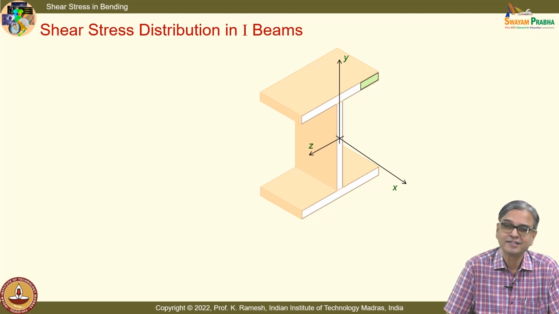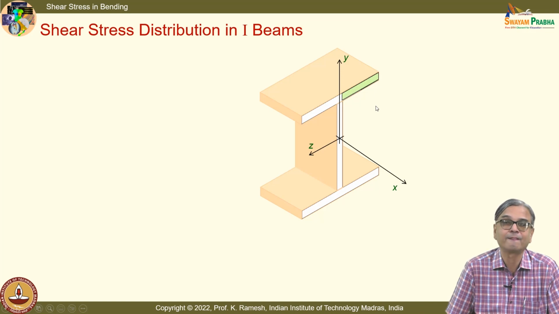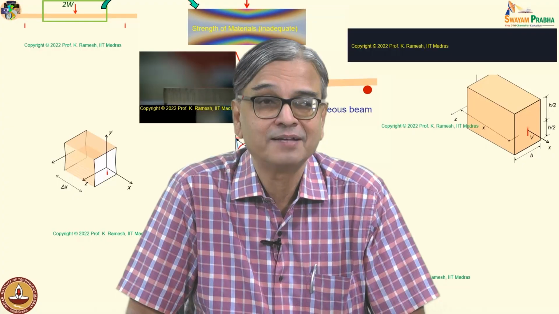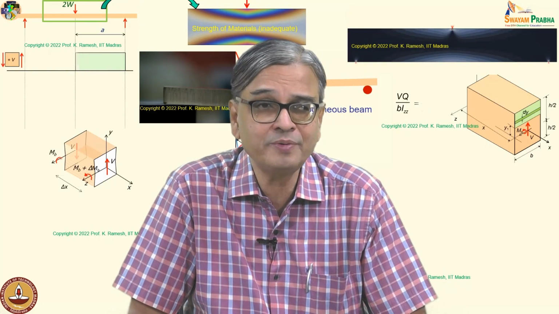See, if I want to find out the stress on this surface, I will have to take this much area and then calculate the Q. Am I right? Suppose I want to come to a portion here, I will have to take a larger area. How do you anticipate Q to vary? Mathematically, is it linear, parabolic, or cubic?